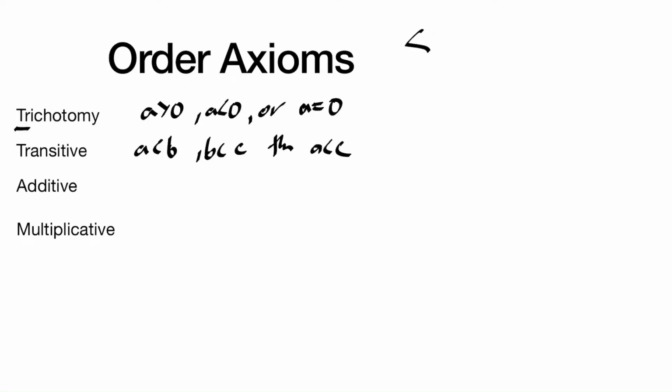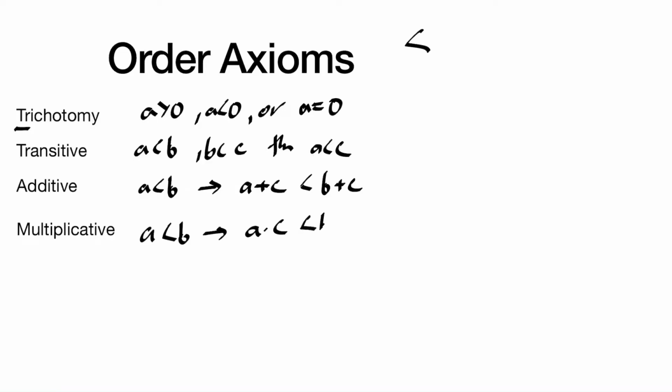Finally, we have things like the additive property, which says that if A is less than B, then A plus C is less than B plus C. And this is always true, no matter what that C is. And then finally, the multiplicative property, which is a little bit trickier, because if A is less than B, then A times C is less than B times C. Well, this is true if C is a positive number.